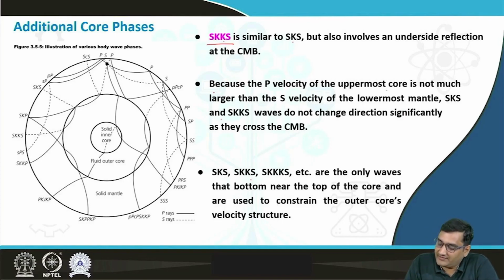SKS and SKKS etc. are the only waves that bottom near the top of the core, and they are used to constrain the velocity structure of the outer core.